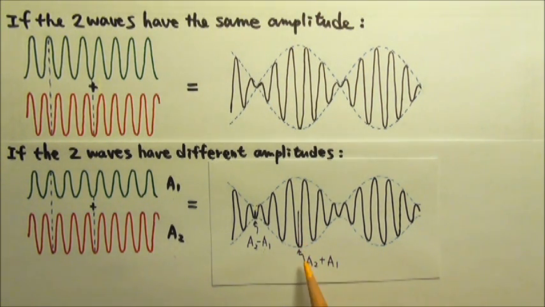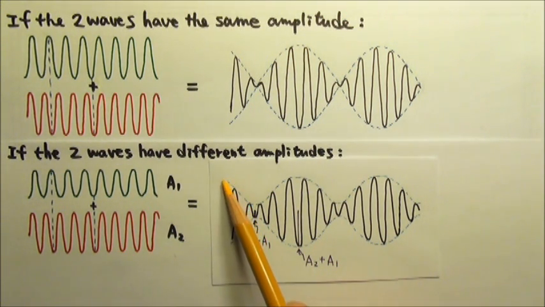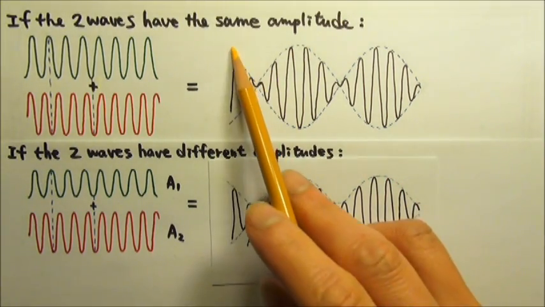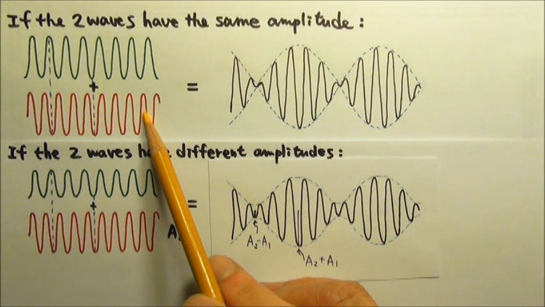The amplitude here would be A2 plus A1. So when two waves of similar frequencies interfere, if the waves have different amplitudes, the beat volume variation would not be as pronounced as beats produced by two waves of equal amplitudes.